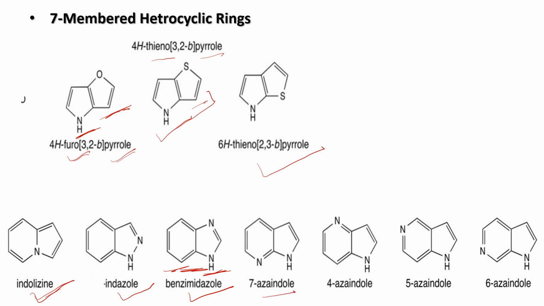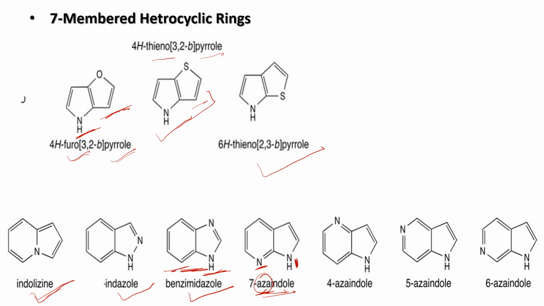Azaindole: this is azaindole, it's like indole, just they kept the aza group at the 7 position. This is the basic indole structure, and this is not the indole structure, this is azaindole.